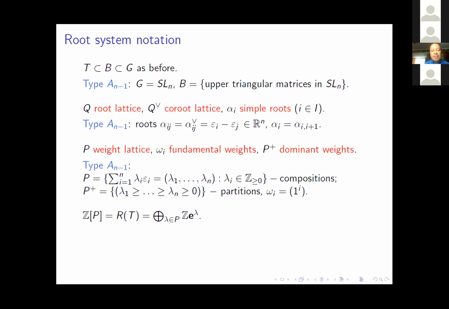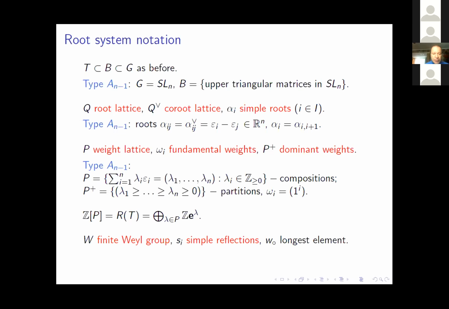Then we have the group algebra of the weight lattice, which is the representation ring of the torus. Think of this as just the Z-span of formal exponentials e^lambda with the usual exponential multiplication.